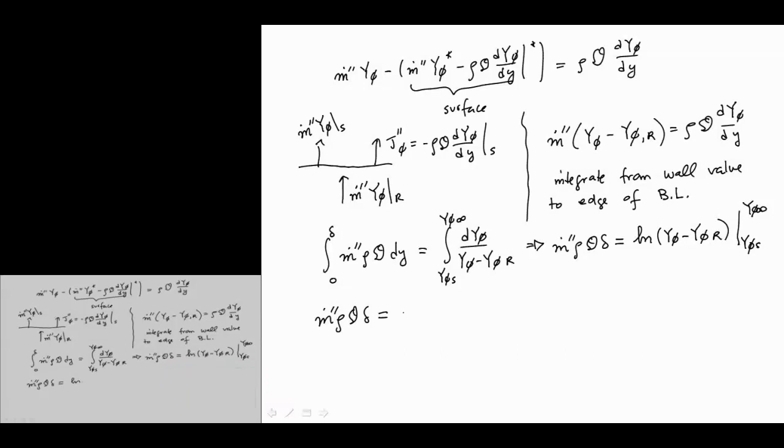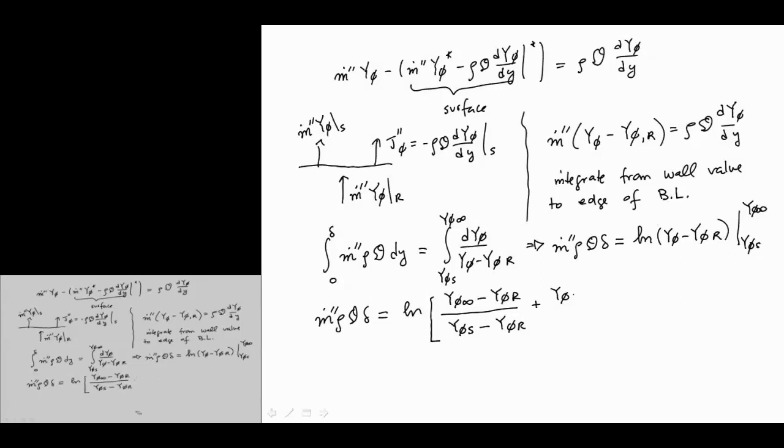So the difference in the log is the log of the ratio, so we get ln of y phi infinity minus y phi r divided by y phi s minus y phi r. Okay, and so this is our answer.